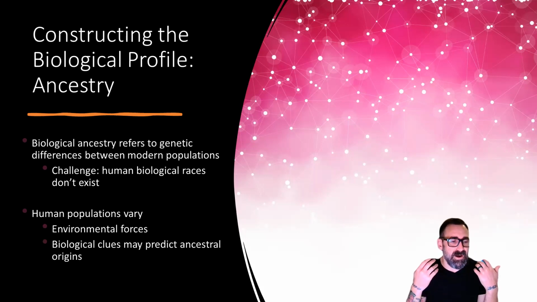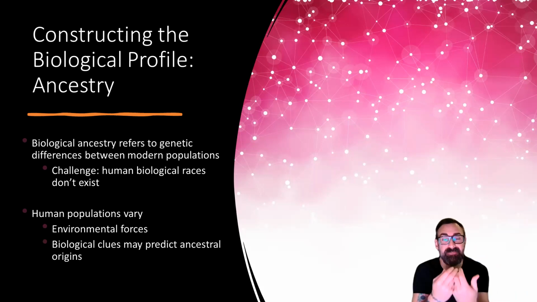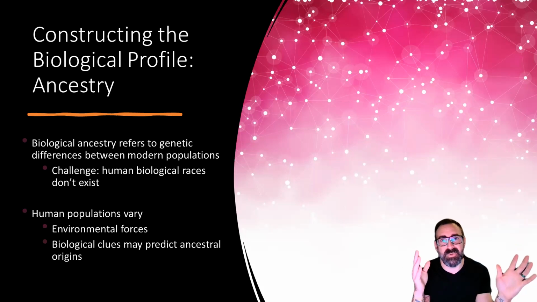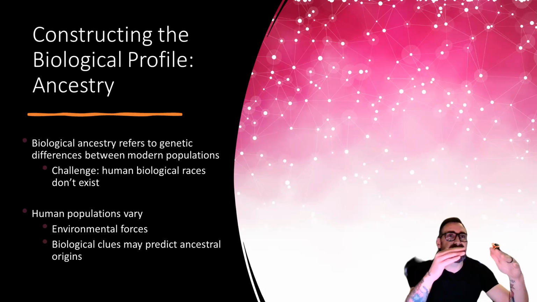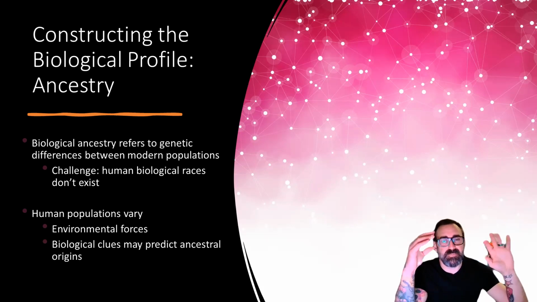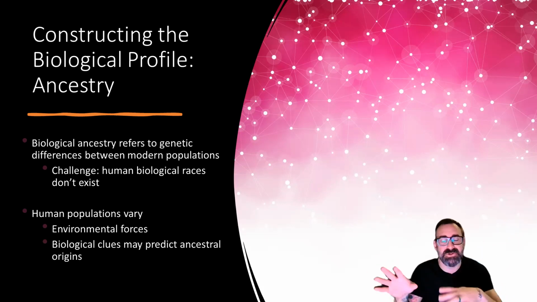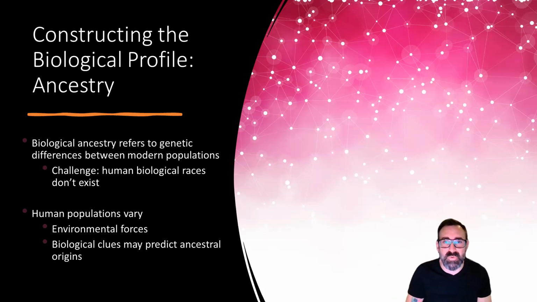And while, as from last week, you can see that racial categories have biological consequences, there's still so much overlap between human populations, or whatever you want to call them, that there are no traits that are unique to Africans or Europeans or Asians. And so it doesn't work really well.